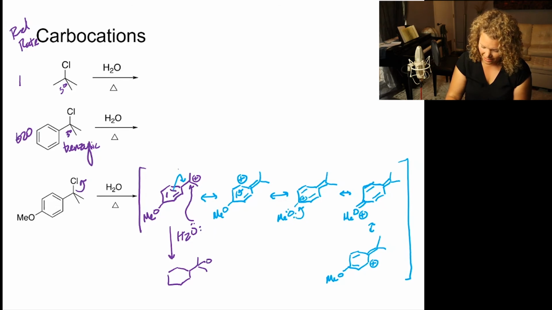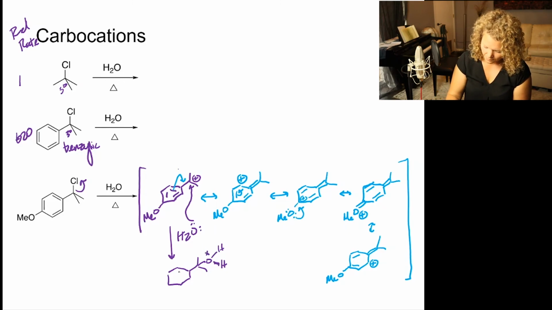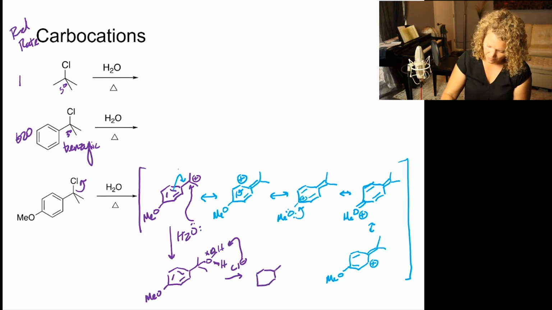We still have an oxygen now with 2 hydrogens on it. Again, it's positively charged. We can now remove one of those protons so we get our neutral species and our desired alcohol.